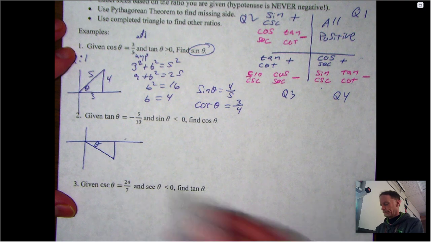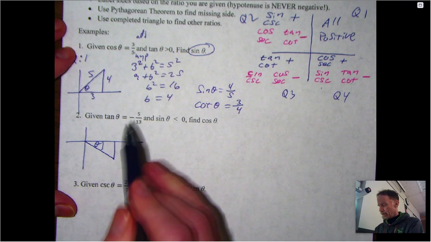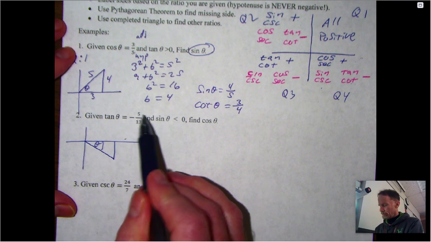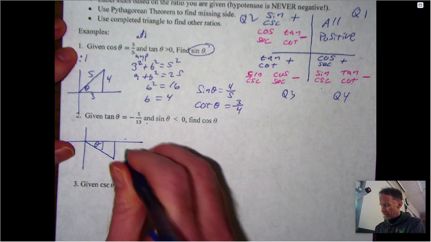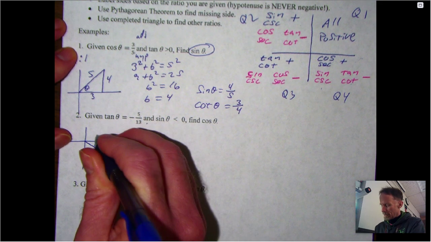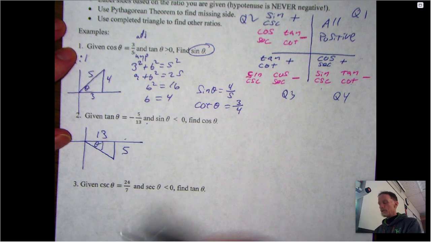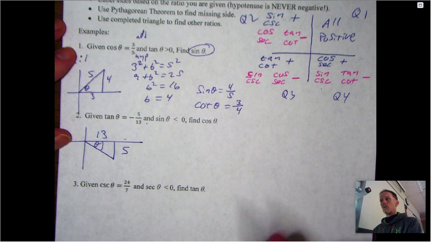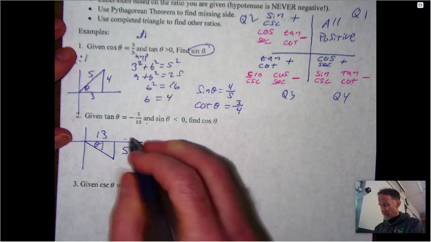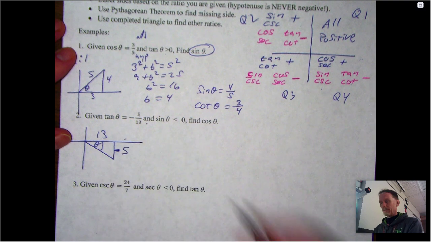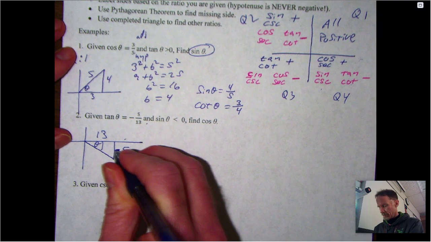There's my theta. Label opposite and adjacent. Opposite is 5, adjacent is 13. Using common sense, in quadrant 4 the y is negative, so that 5 is where the negative comes from, because it's going down.